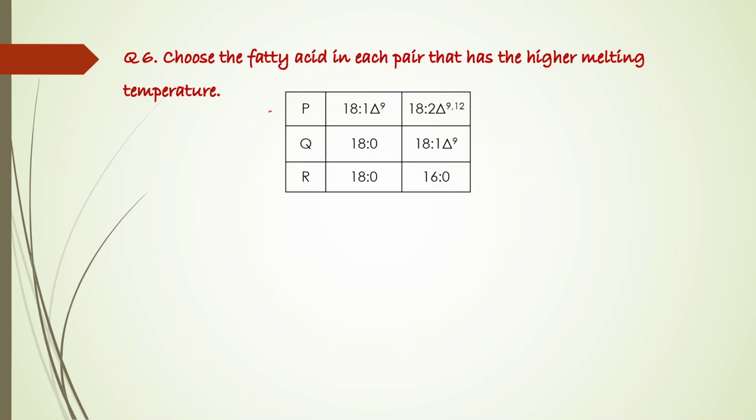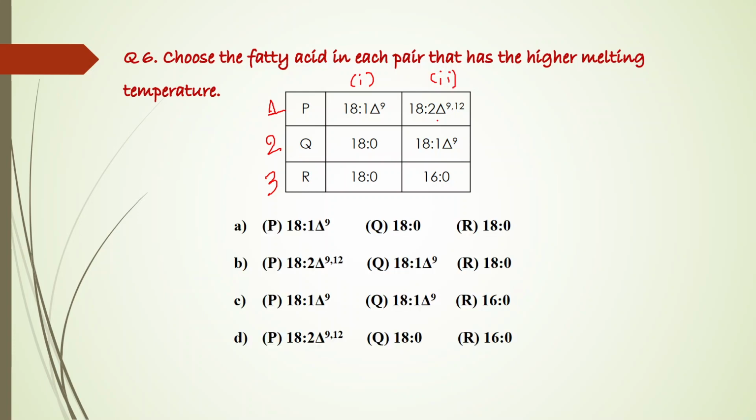This one is your first set, this is your second set, and this is your third set. In each of these sets there are 2 fatty acids. You have to select in the first set, out of these 2, which will have the higher melting temperature. These are your options.